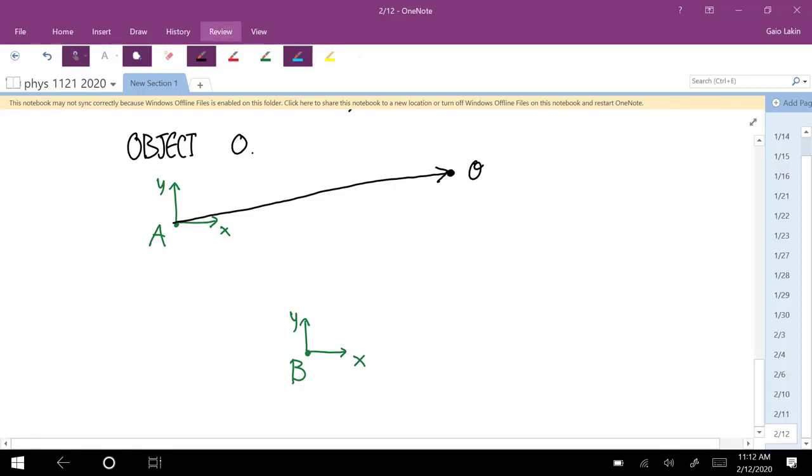So you can think of this as the position vector of O relative to A. And the position vector of O according to B is this.